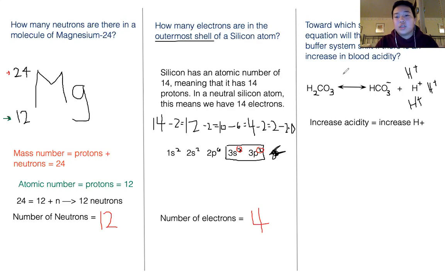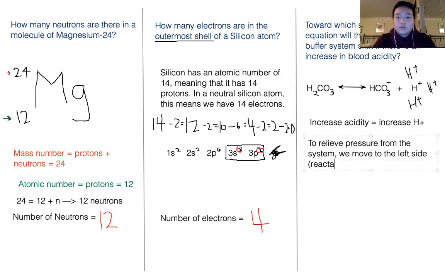It wants to go to the other side, right? So to relieve pressure from the system, we move to the left side or the reactant side, right? And that's to offset the number of H+ that we actually have. And so to answer the question, which side of the equation, we would go to the left side or the reactant side.